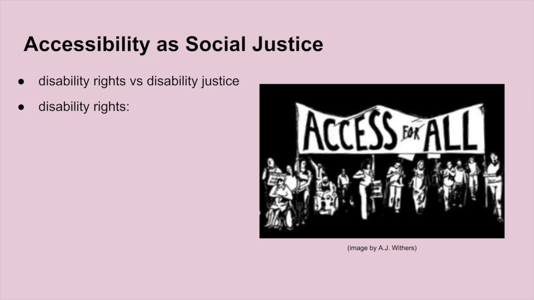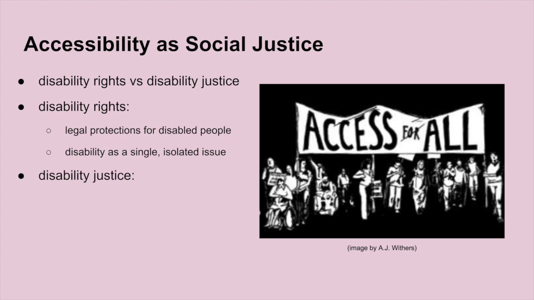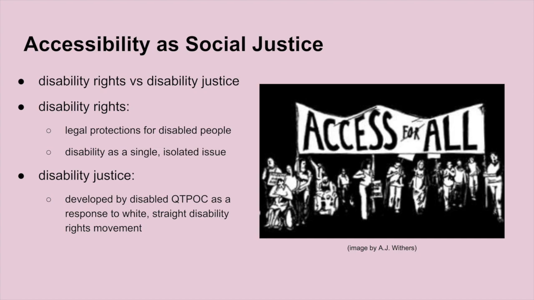Disability rights focuses more on legal protections for disabled people and is connected with the initial passing of the ADA in 1990 and discusses disability as a single isolated issue. In comparison, disability justice was developed in 2005 by queer disabled people of color as a response to the very white and individualistic disability rights movement. It positions disability as an intersection and views accessibility as a collective responsibility rather than a matter of litigation.